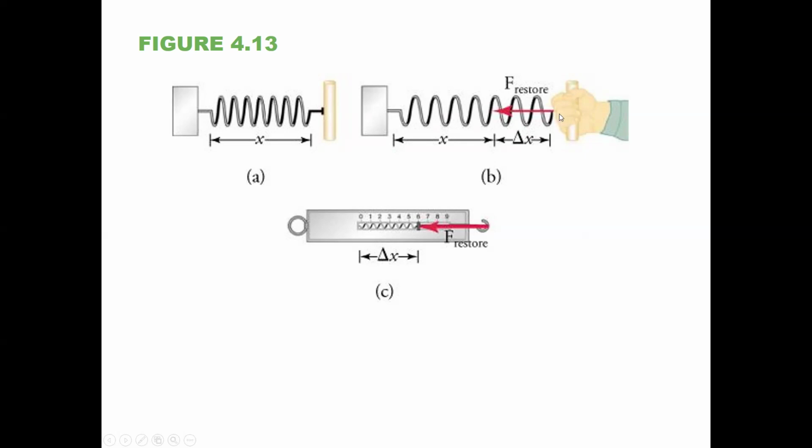The force will restore backward with a magnitude that depends on how much we displaced the spring by, and on the coefficient of the spring. What metal is the spring made of? That's going to be important.